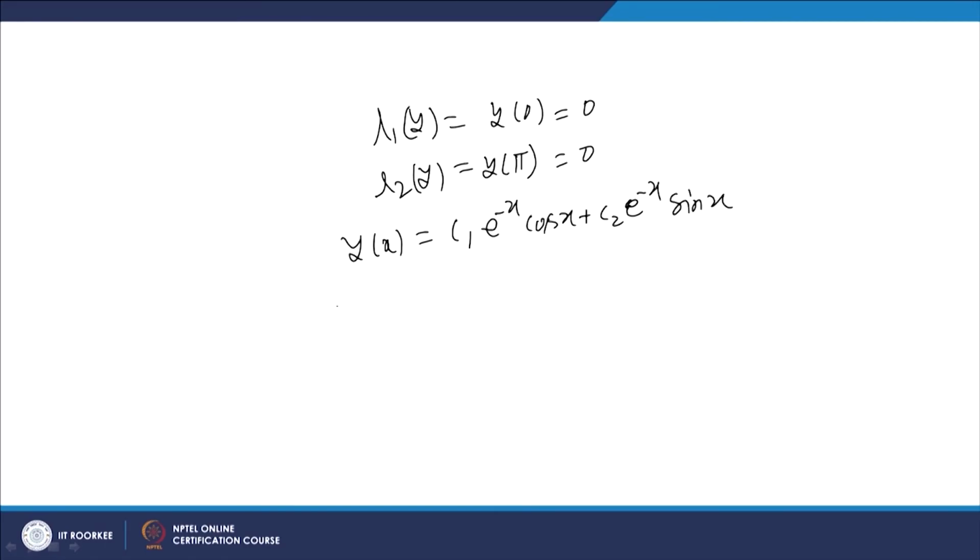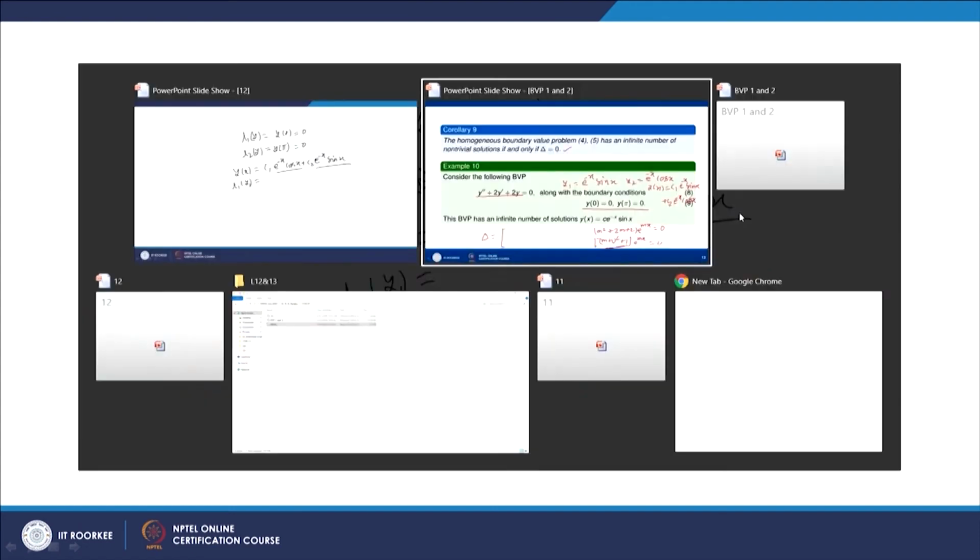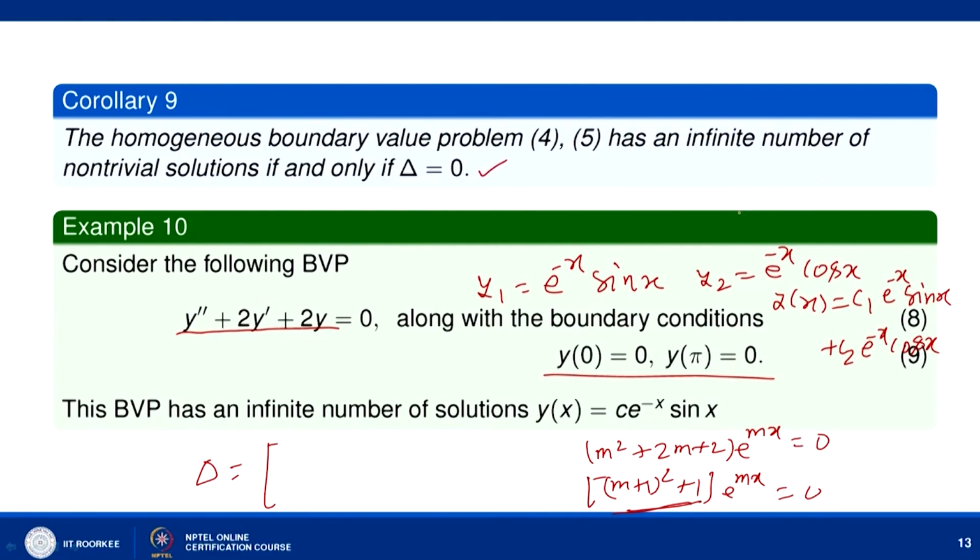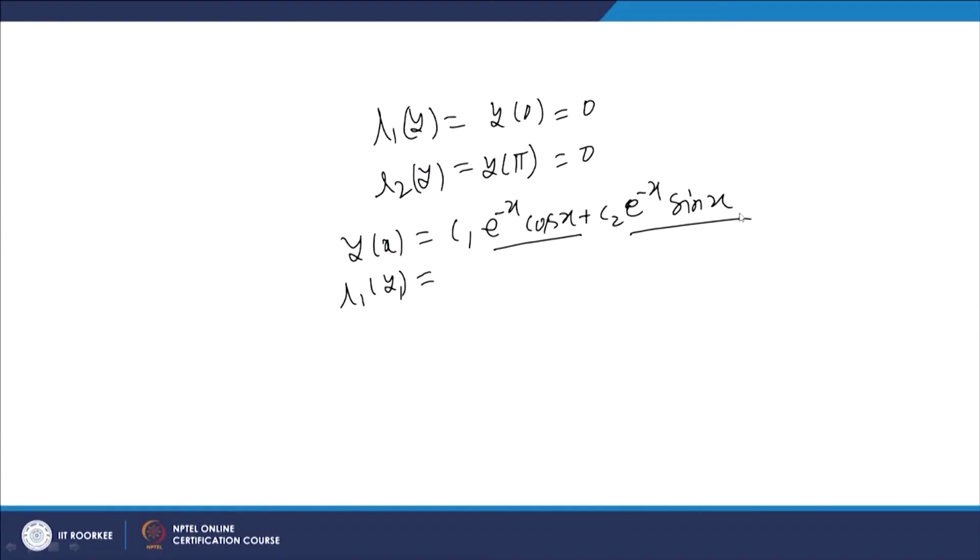So, we can easily check L1 of y1. y1 is this, y2 is this. So, L1 y1 is basically e to power minus x cos x defined at 0. So, that is going to be 1 only.